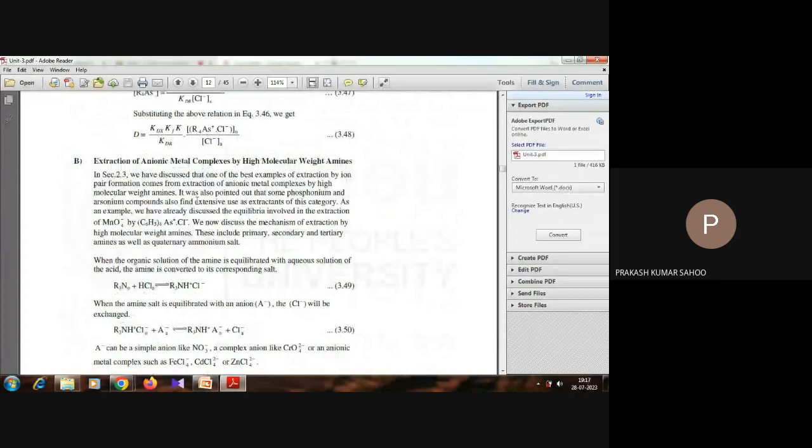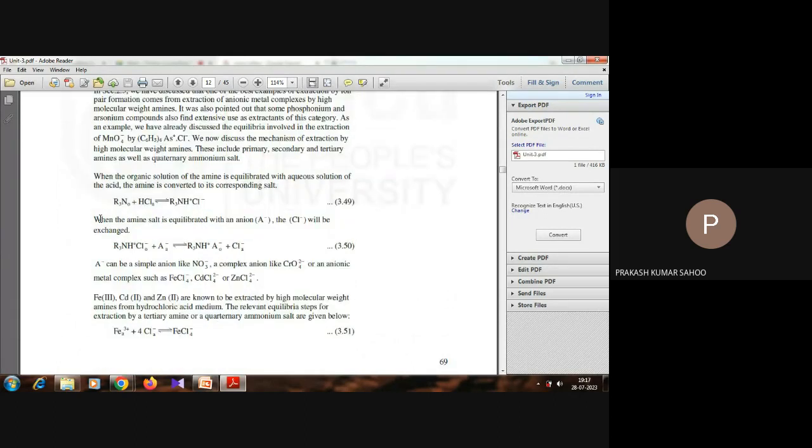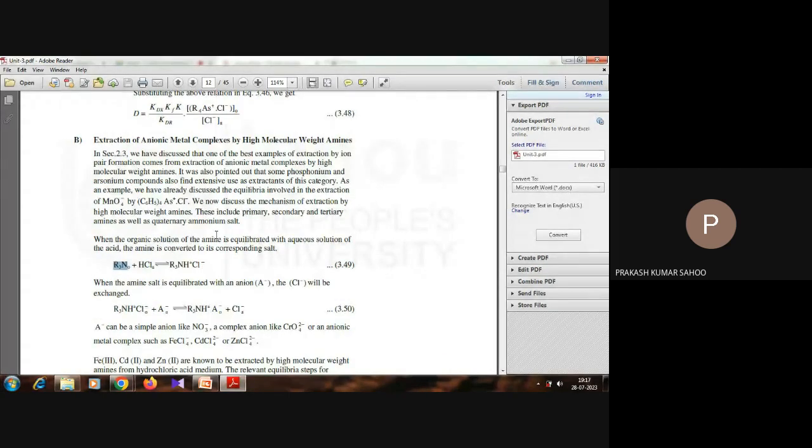This is again extraction of anion metal complex by higher molecular weight amines. Higher molecular weight amines means, just remember this example, trialkyl amine R3N. Okay, this is used for the extraction of anion metal complex. So these are the examples.